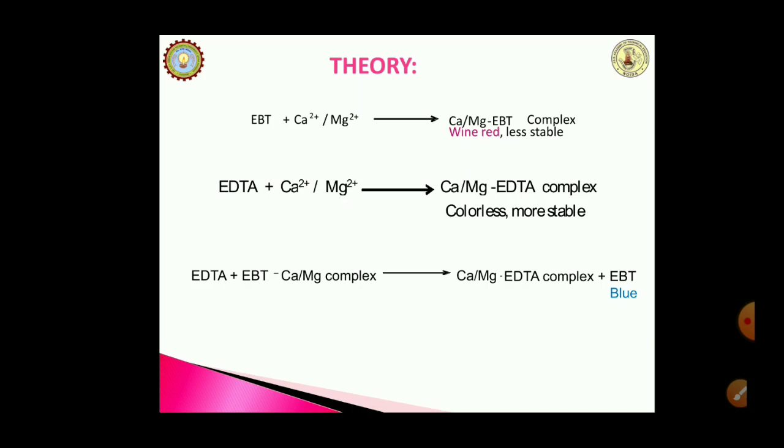Once all the calcium magnesium ions which were there in the sample water have bound with EDTA, a state will be reached where there is no free calcium magnesium ion.